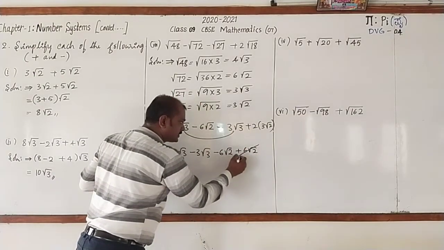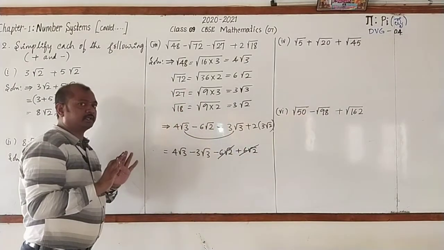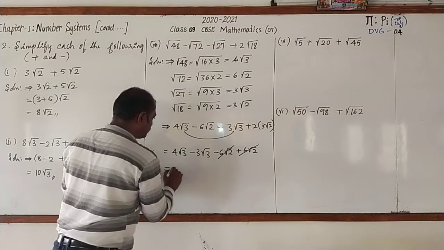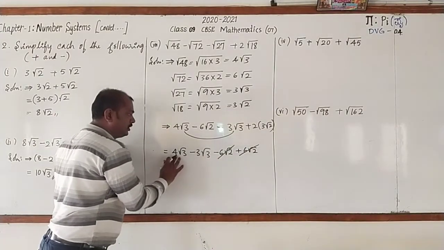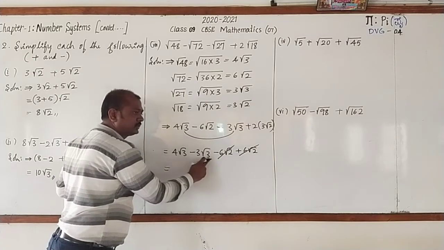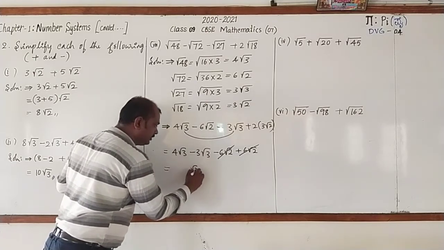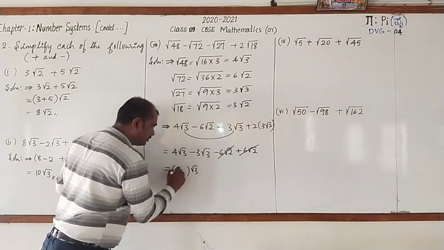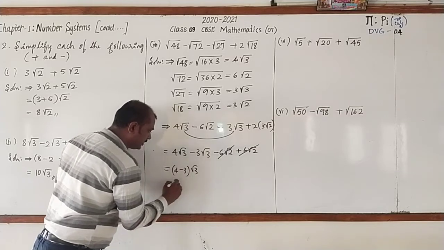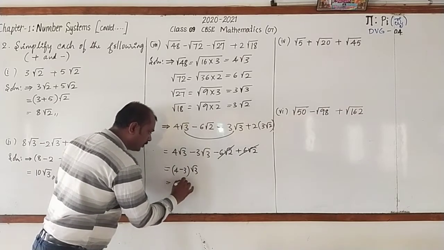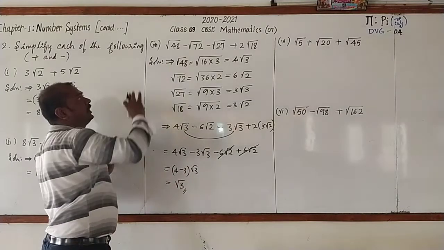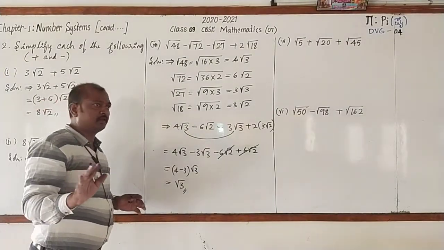Now plus 6 root 2 minus 6 root 2 get cancelled. It is equal to, now these two are like, 4 root 3 minus 3 root 3. Root 3 is common. Then 4 minus 3. What is 4 minus 3? 1. So 1 root 3. This is the value. Clear?